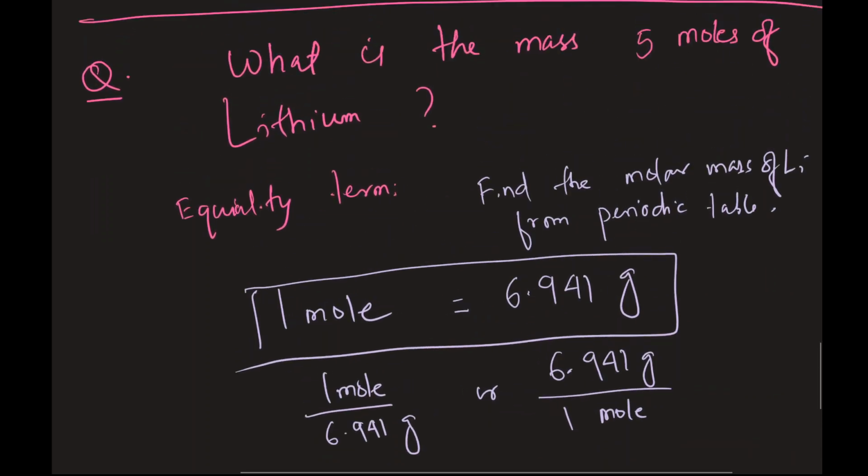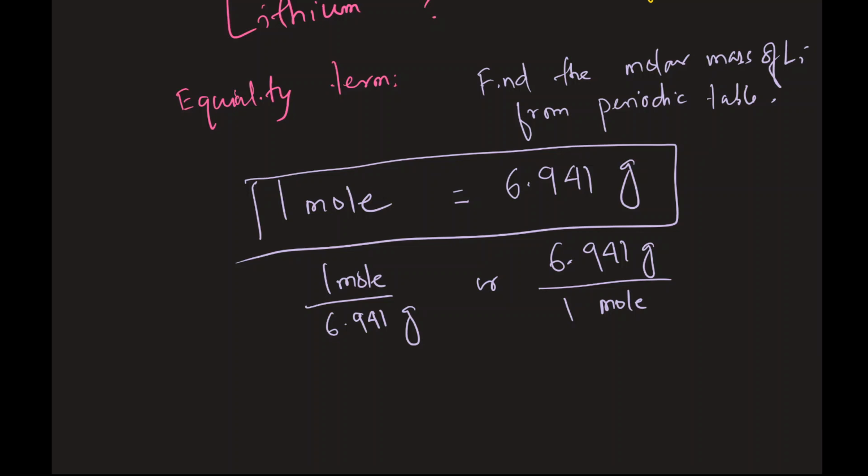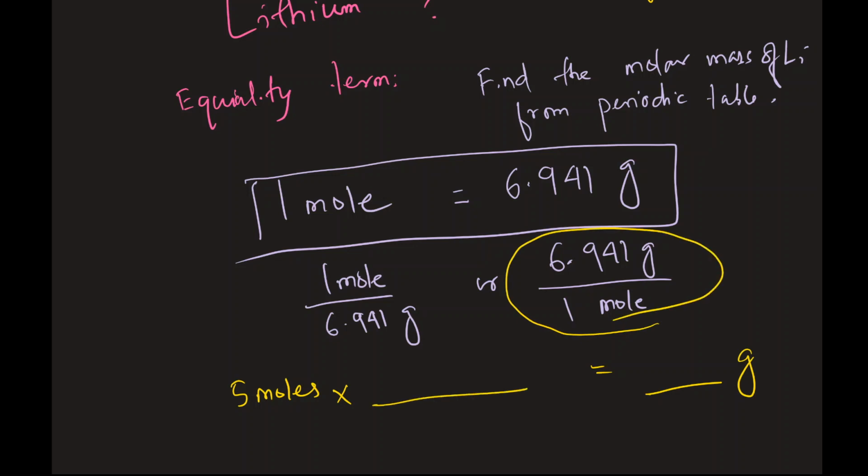We were given 5 moles, and you want to find out how many grams that is, right? So which conversion factor has grams on top? This one. So it's 6.941 grams per each 1 mole.